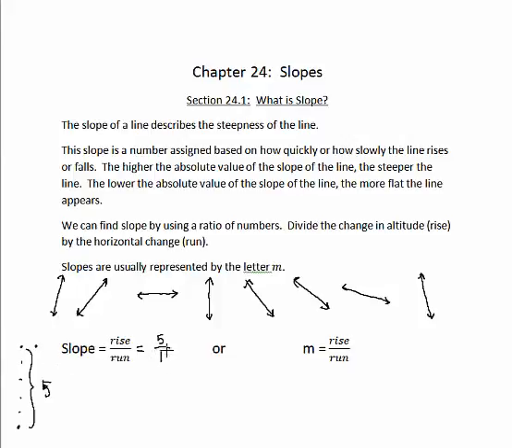The same applies to the run. And with the rise, if we have a vertical number line, then going down is the negative direction and going up is the positive. So if I use a slope of plus 5 over plus 1, then I go up 5 and to the right 1. So this slope of 5 would create a pretty steep line.